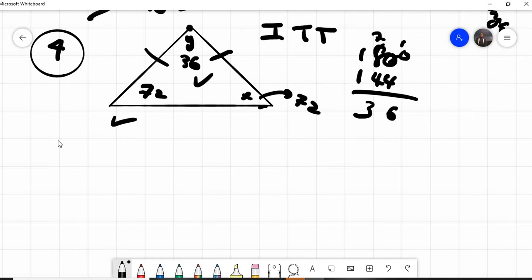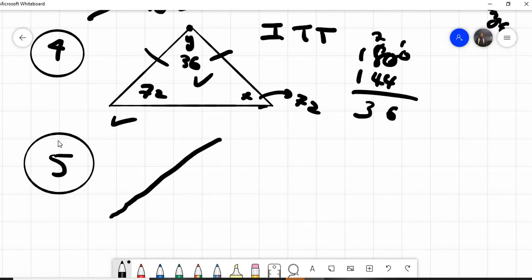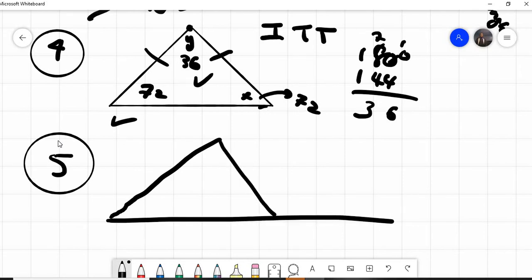So now, question 5, they ask us just to prove a little bit. So this one they said a triangle, and then here is, I suppose, 50, and then this one is, assume, smaller.